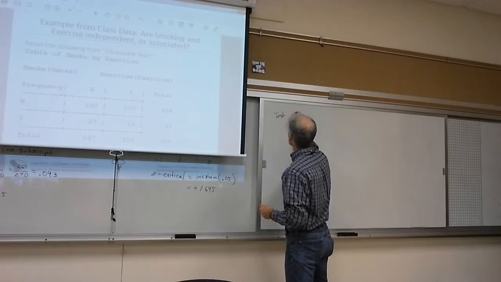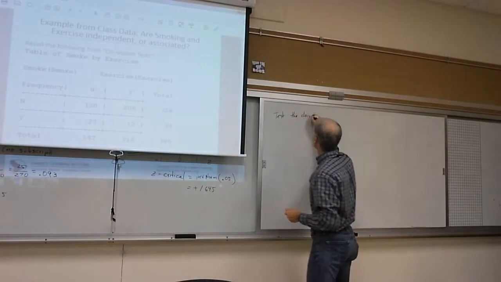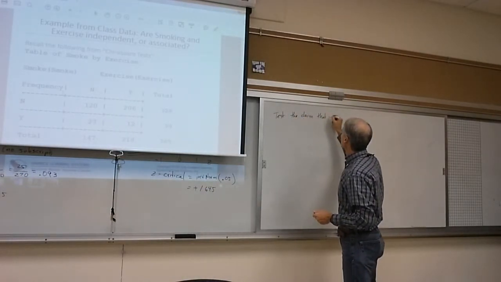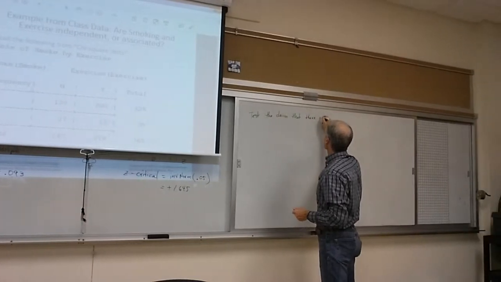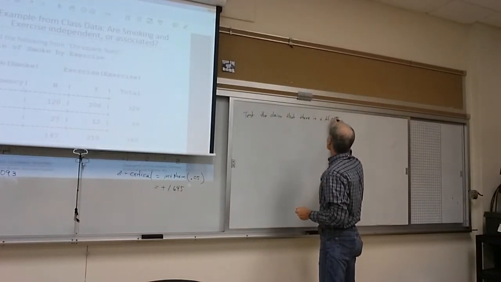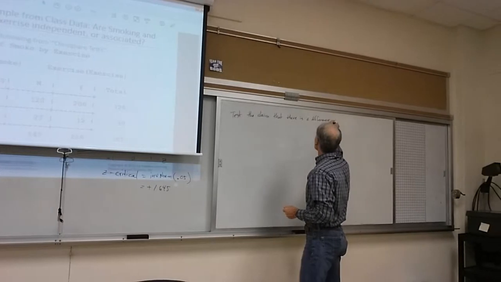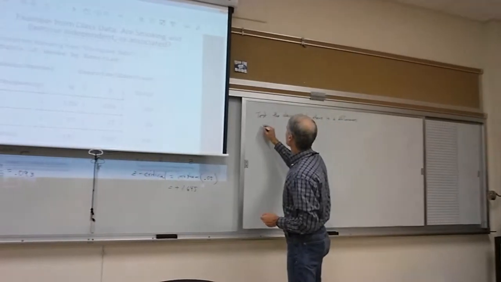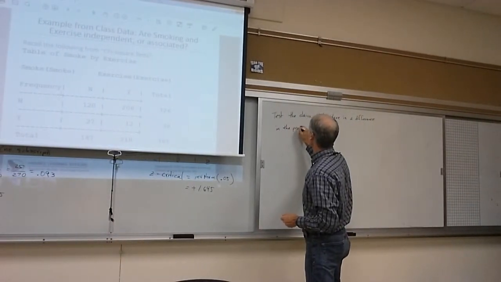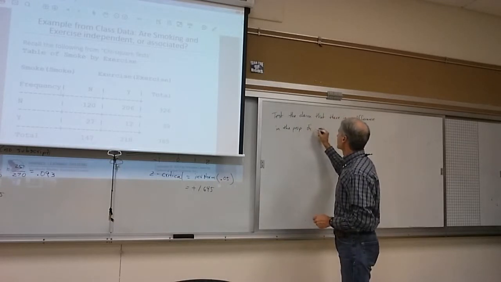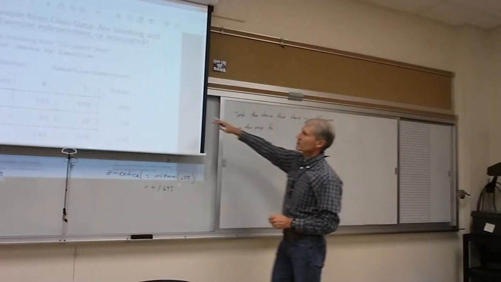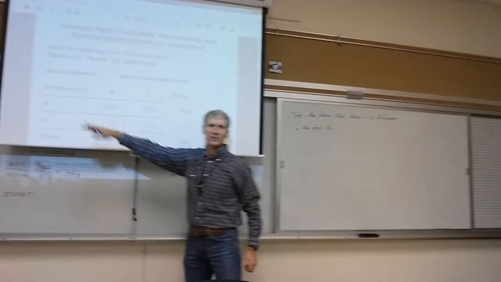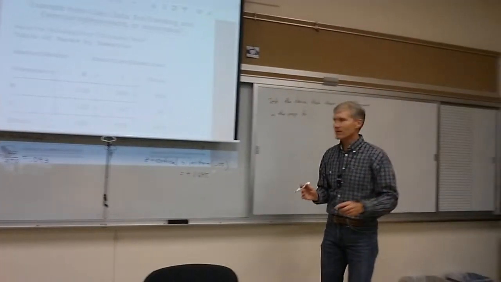well, let me write this out. Test the claim that there is a difference in the proportion, I'm going to abbreviate, of non-smokers. Non-smokers are on the first row, so I'm going to use non-smokers as group 1. That's completely arbitrary.